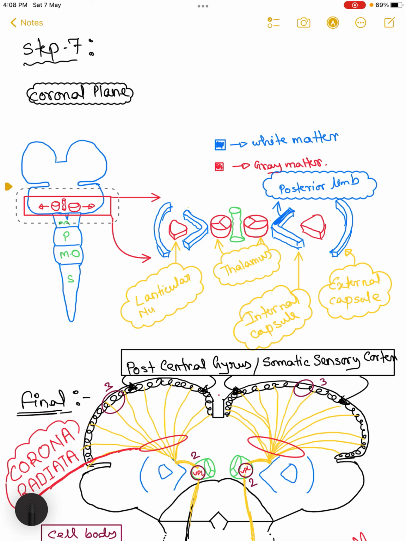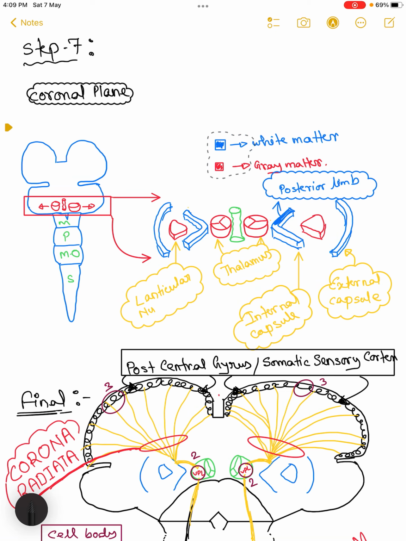Now if we take this whole section and magnify it, we want to see all the structures in the same line located with respect to the thalamus. What will we find? Now let's expand this diagram. Before that, we have to know which is white matter and which is gray matter.